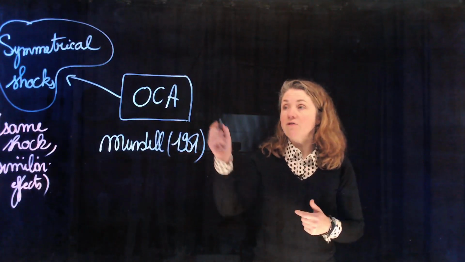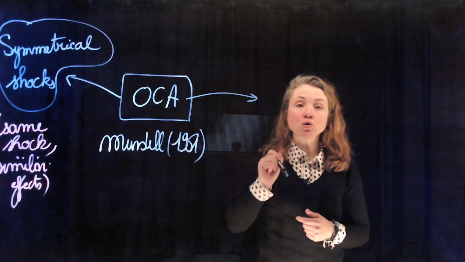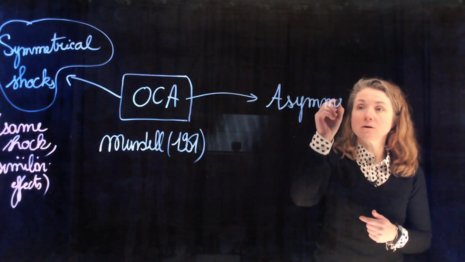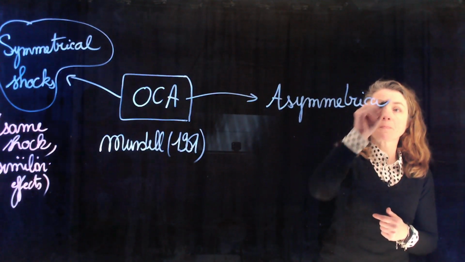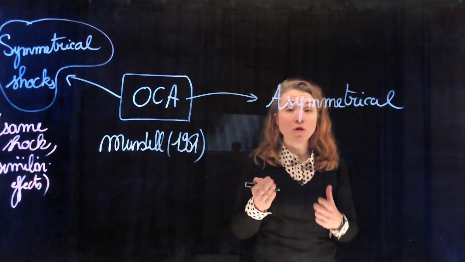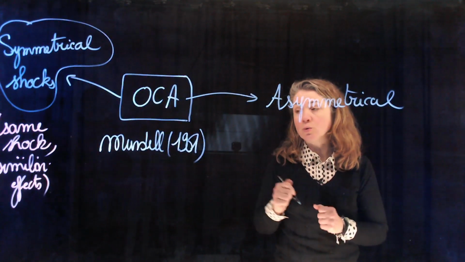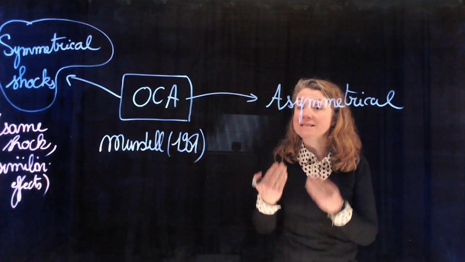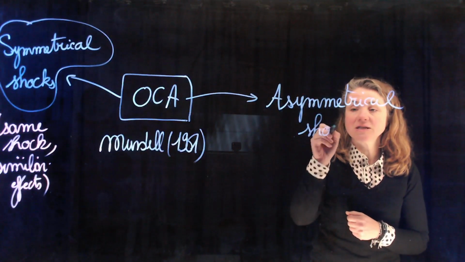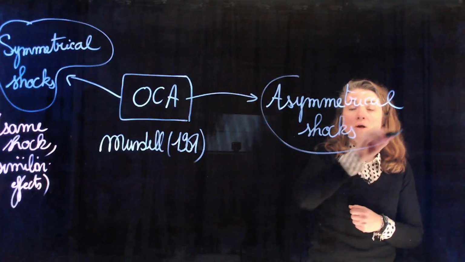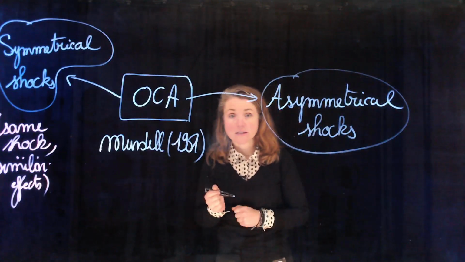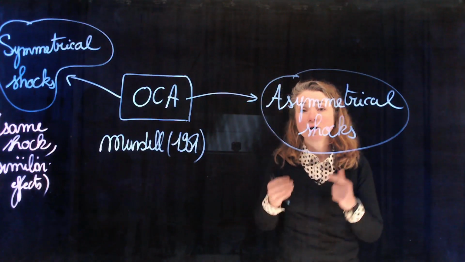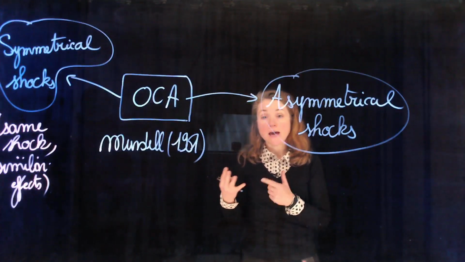What about the situation where shocks are asymmetrical? When shocks are asymmetrical, we have to consider other factors compared to the common monetary policy, other factors which could play this role to stabilize this kind of shock. For Mundell in 1961, a key factor could be found behind labor mobility and capital mobility.